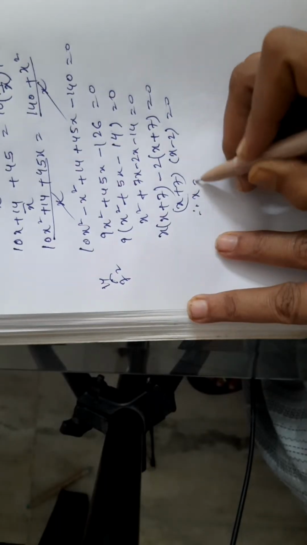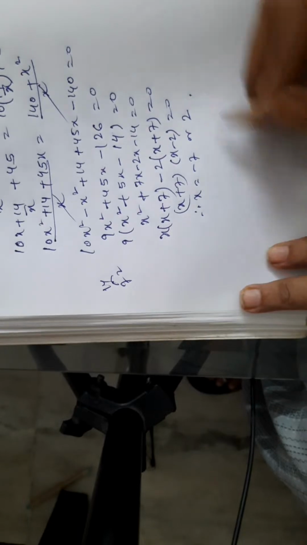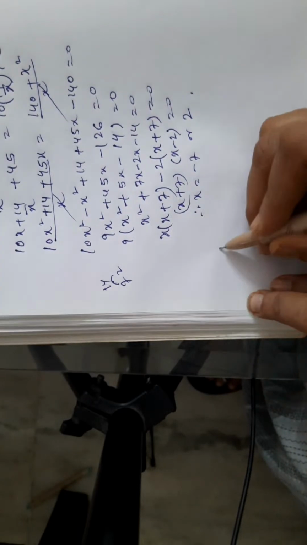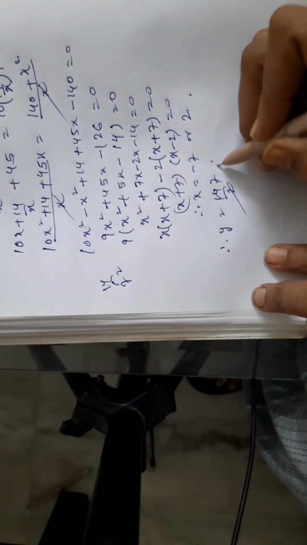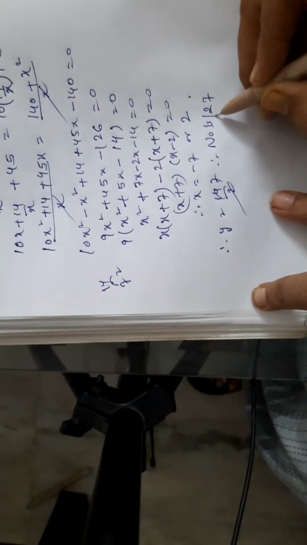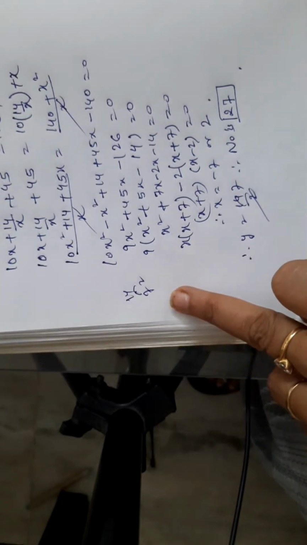So the value of x will be minus 7 or 2. As a negative number is not possible, x is 2. If x is 2, y will be 14 upon 2, 7. Therefore the number is 27. So this kind of two-digit number questions are very important.